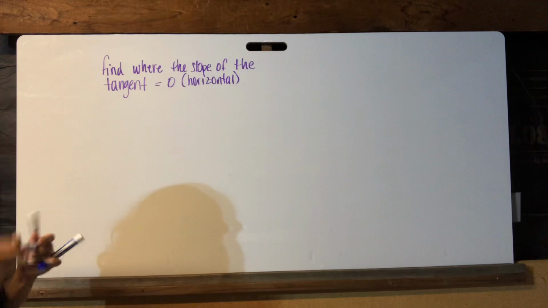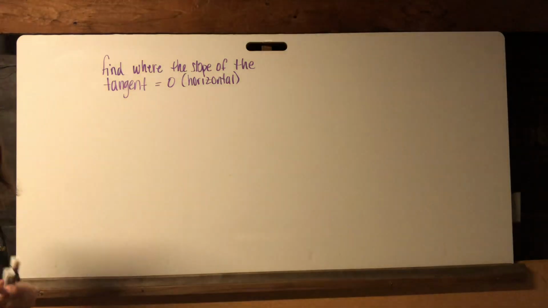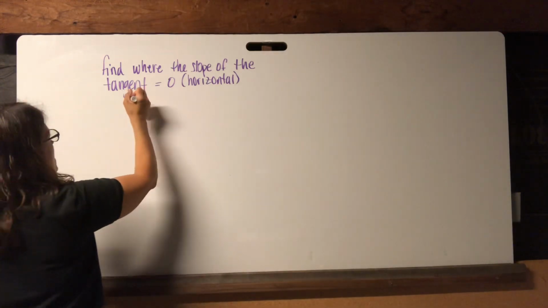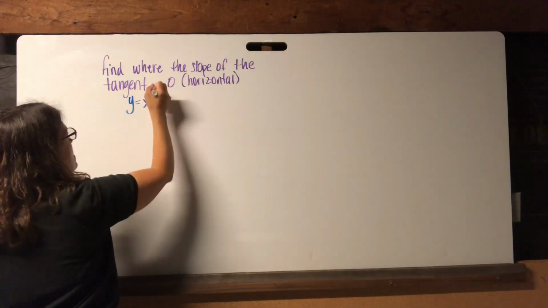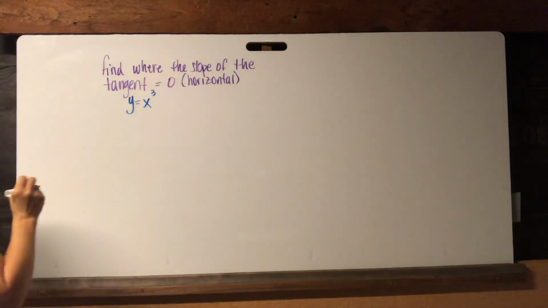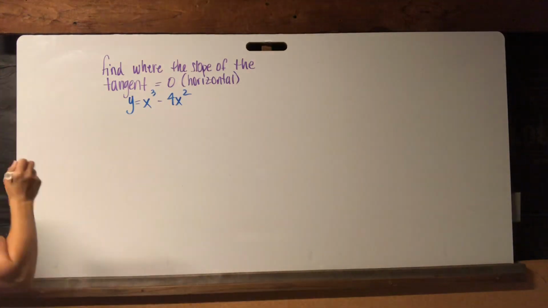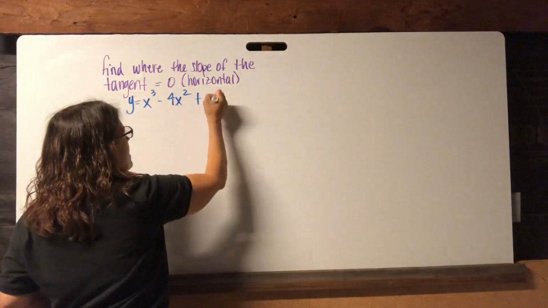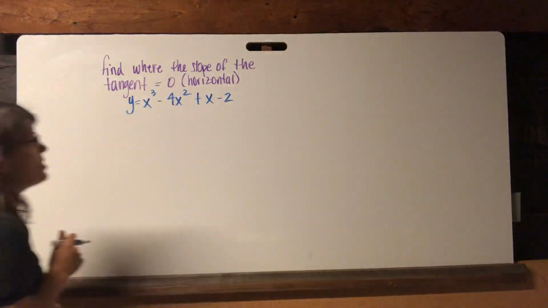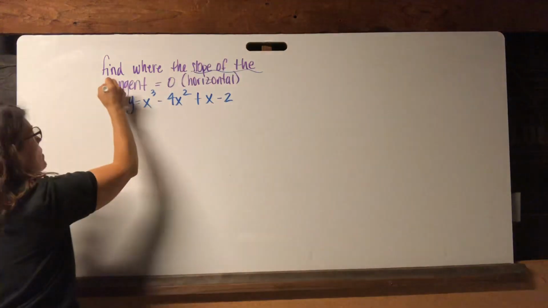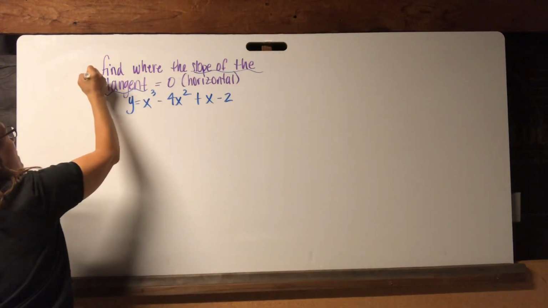So I'm going to give you a function. Say y equals x cubed minus 4x squared plus x minus 2. Slope of the tangent, right away, that's the derivative.